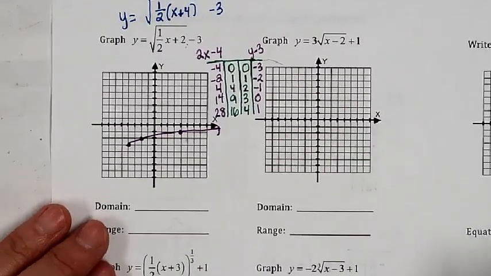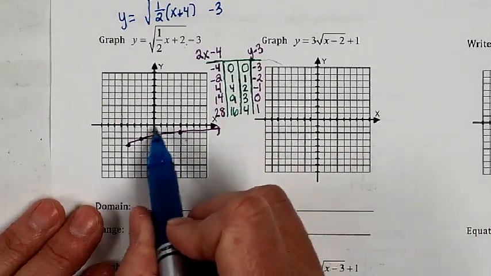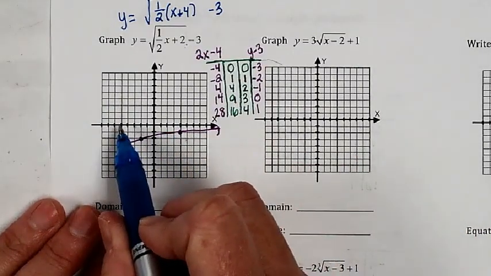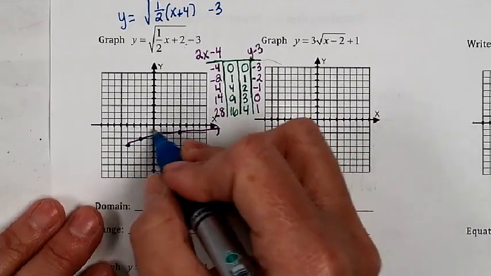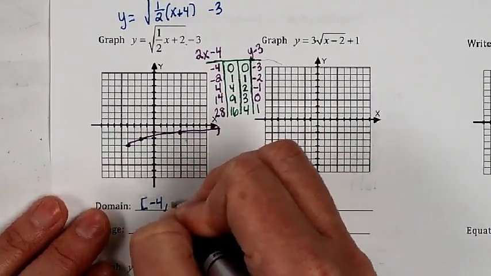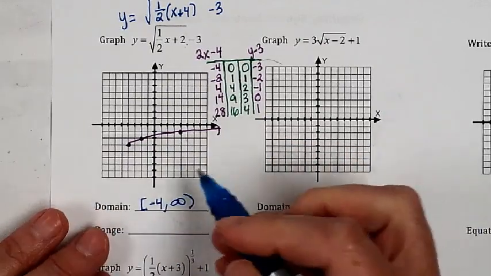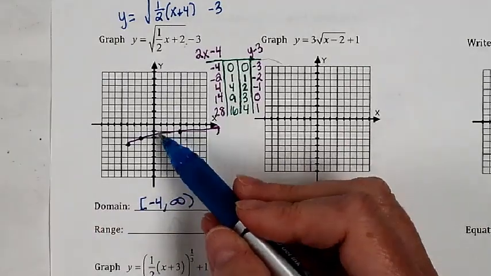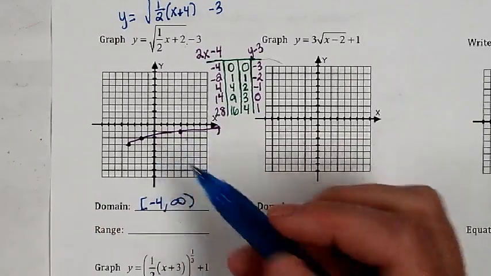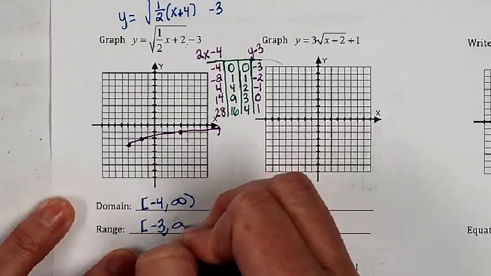Now for the domain, we shifted it to the left 4 units. So we're starting at negative 4, so bracket negative 4 to infinity. And for the range, we shifted it down 3 units, so we start at bracket negative 3 to infinity.